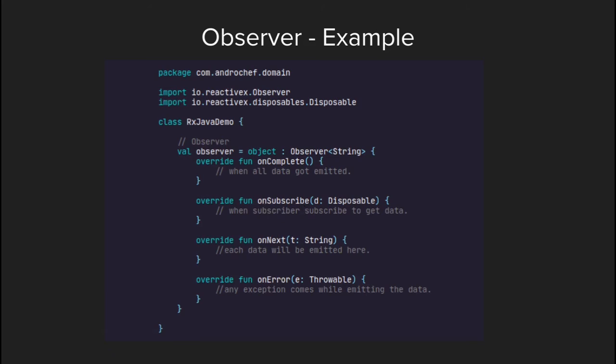In our previous example we had hello world and Androchef, right? These two values come under onNext, and it will be called multiple times as per your data. When all the emission is complete, it will call onComplete. If any error or exception comes while emitting the data, onError will be called.